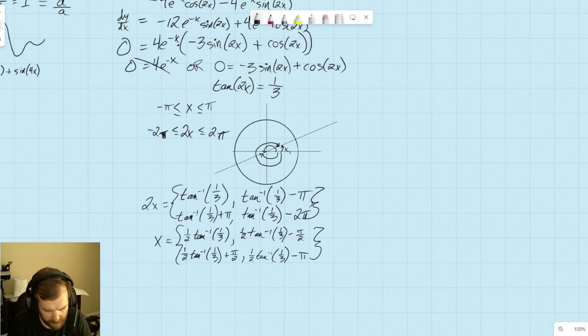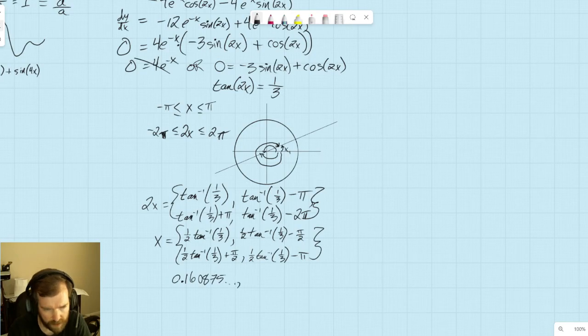Alright, so let's see. If we were to go into... What mode do I have? I'm on radian, so that's good. Let's get decimal approximations for these. So, inverse tangent of 1/3 is going to be, oops, half that. 0.160875.